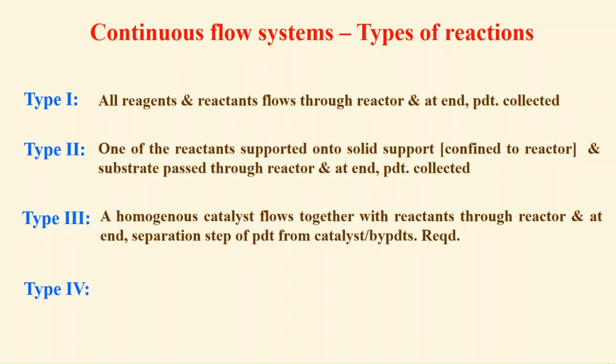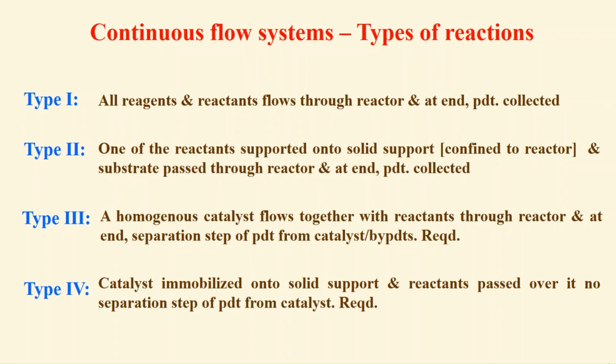The fourth type is one reaction in which the catalyst is immobilized onto the solid support, and the reactants pass over this solid support, and during this course the reaction gets completed and the product is taken out.